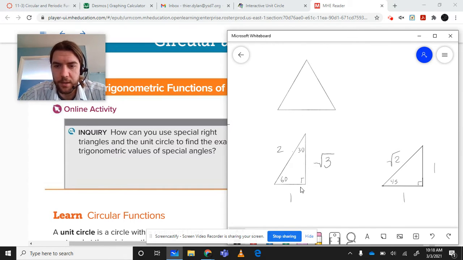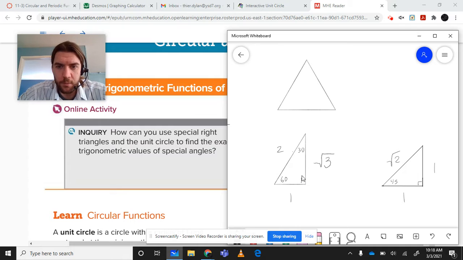Well, the bottom that got cut in half is 1, and using the Pythagorean theorem, we would know that this side squared plus this side squared needs to equal this side squared. So 1 squared is 1, square root of 3 squared is 3, and together they make 4, which is 2 squared. So all three of those work out. And you can get that by just starting with an equilateral triangle and cutting it in half.